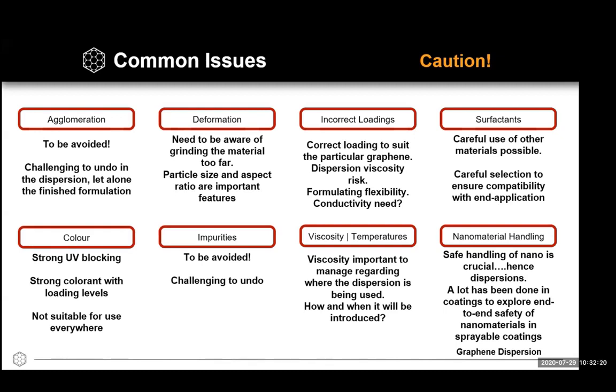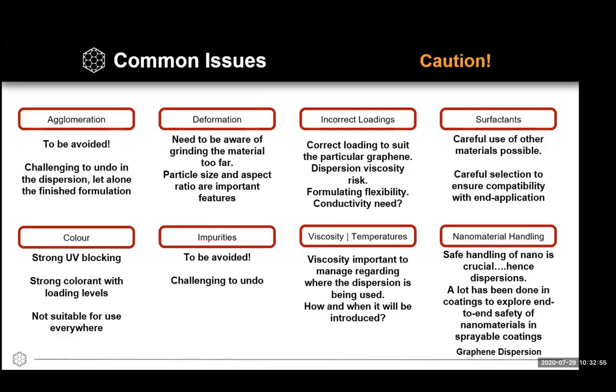Use of other materials, so surfactants and so on, clearly there's a great opportunity to do that, to produce a custom dispersion to suit, but we want to carefully select those and ensure compatibility with the end application. Color: graphene is a remarkable UV blocker, and a small addition of graphene can add to a strong color shift, both in the dispersion that we have to offer, but also in the end use application.